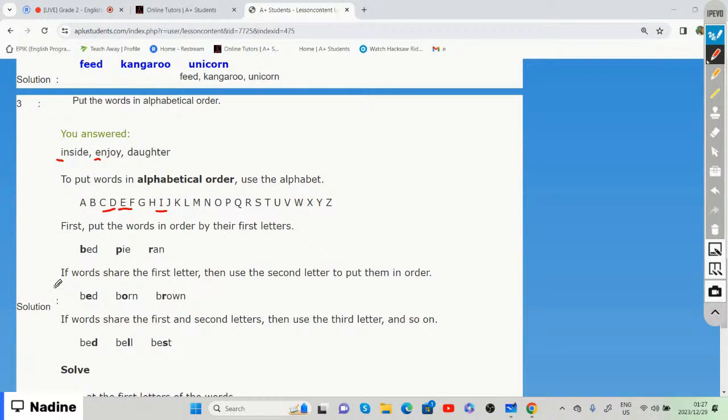And if we look at the letters that come first, right? Then it's first D, D for daughter. Then we have E for enjoy. And then we have I for inside. So if we put these words in alphabetical order, we can say it's first D for daughter. Then we have E for enjoy. And then we have I for inside.